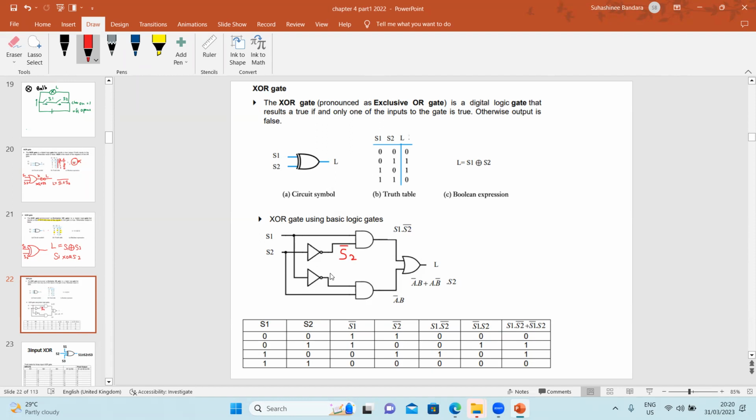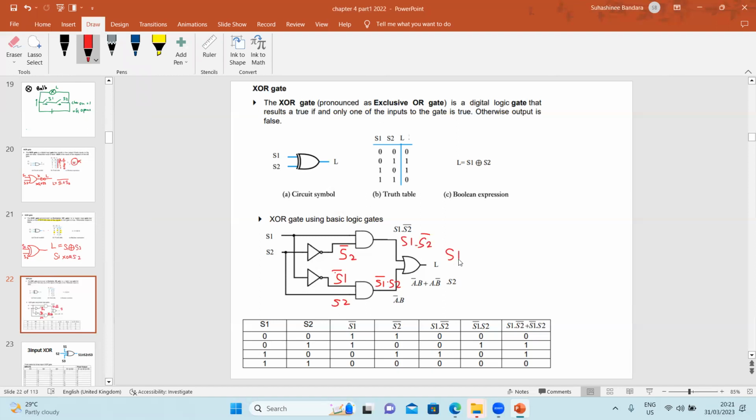Then here this side S1 bar, and this side S2, and the output S1 bar dot S2. Then this side S1 dot S2 bar. Those two should be added.